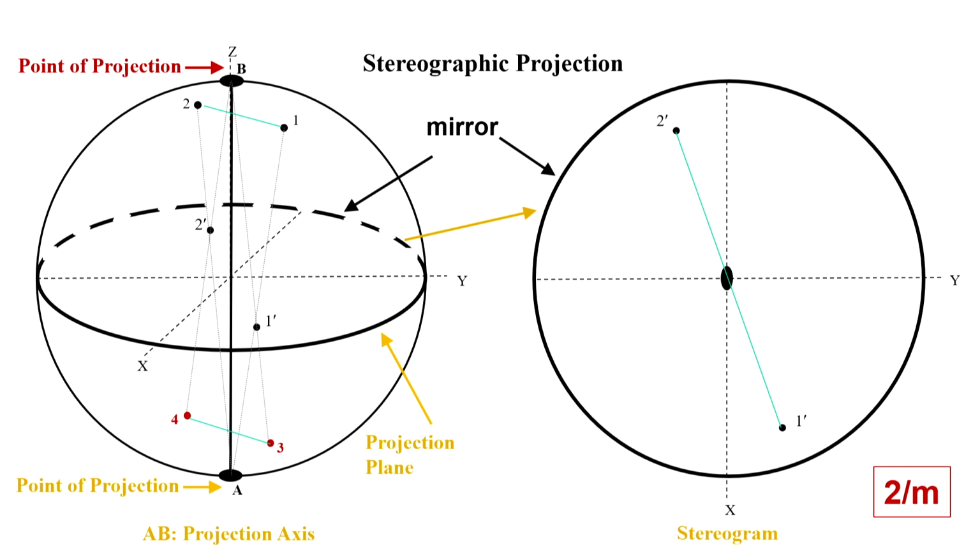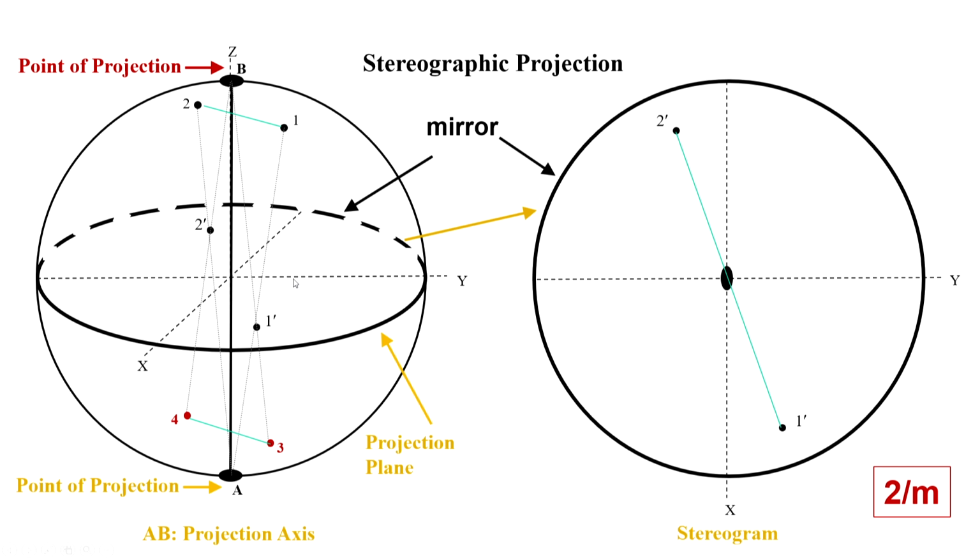And it is very interesting to note that any reflection that occurs, these lines will intersect at 1 prime and 2 prime from where these points were reflected. This will always be the case.